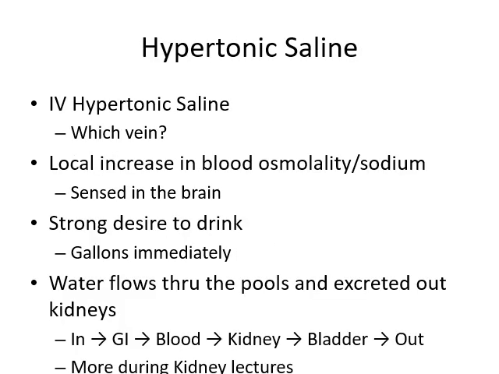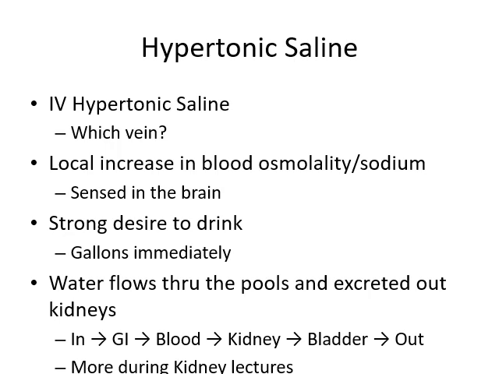Hypertonic saline. We're dealing with the body pools of the water and electrolytes in the vessels. We tend to put in that IV hypertonic saline. Which vessel are we putting in? That's one of the ones you need to know, usually. Or we may do a backup, any vein we can get it in. We put that hypertonic saline, it's got a lot more salt in the solution than we'd find in an isotonic solution.